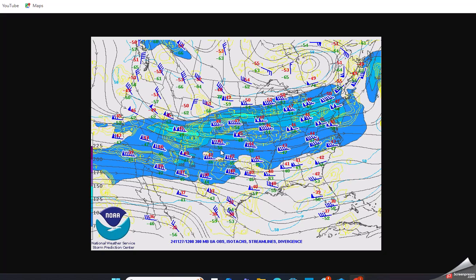So with that, we have the low here. You would think there's going to be some divergence, and there is, all across this area. This area of winds is going to be propagating along this front, along this boundary. The front's going to stay to the south of this a little bit. So this low that's down here should be moving out to the northeast with time as this moves along.